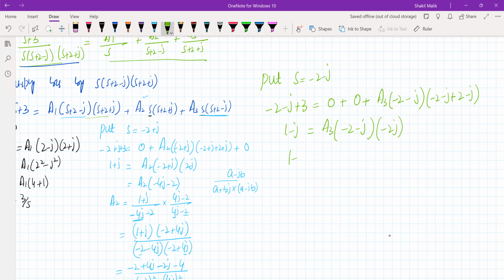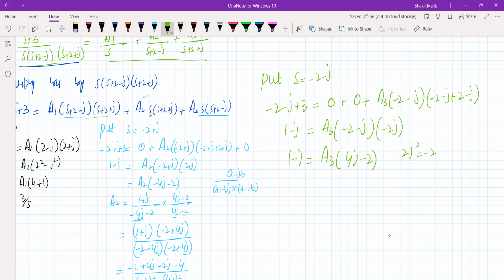So this is 1 minus j, that's equal to a3 times minus 2, so it will be plus 4j, minus minus is plus, so it is plus 2j square. Plus 2j square is minus 2 simply, because j square is minus 1, so it will be minus 2.